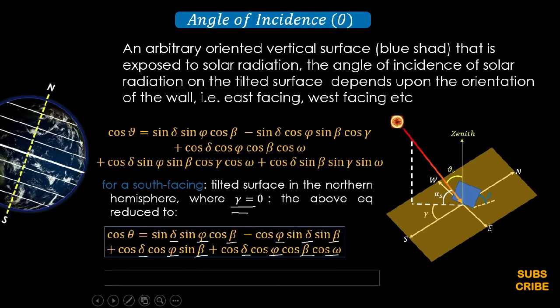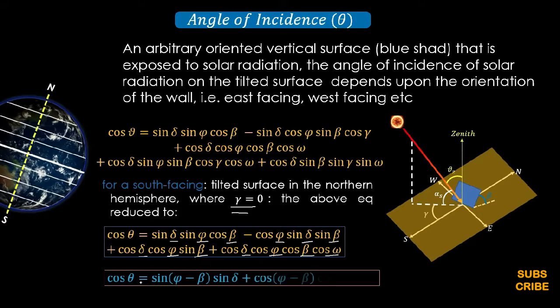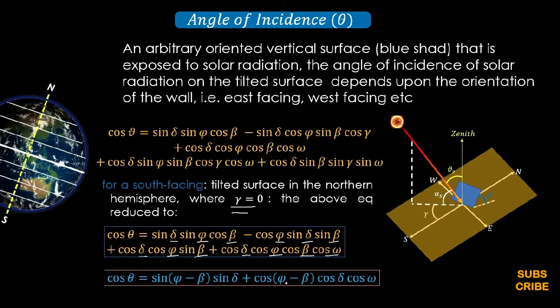Further, we can modify this expression as cos theta is equal to sin of phi minus beta times sin del plus cos of phi minus beta times cos del times cos omega.